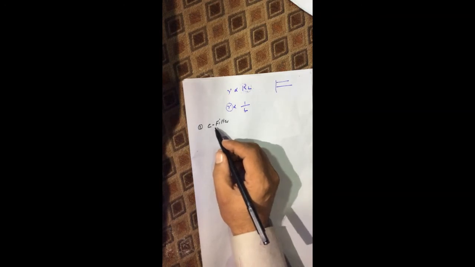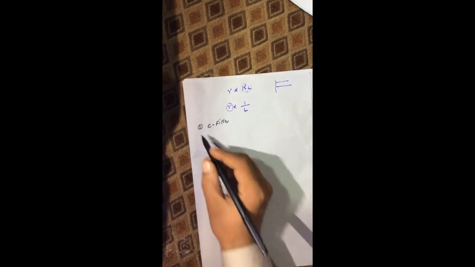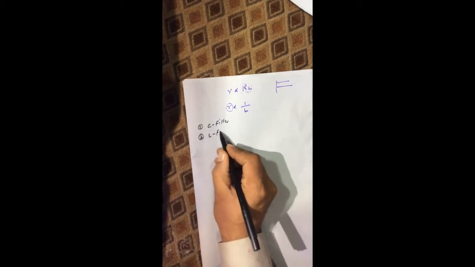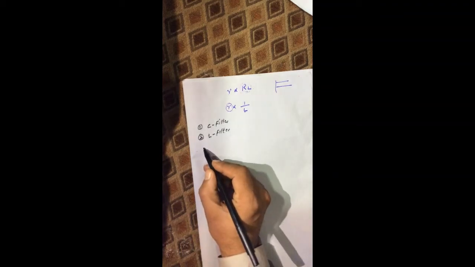We also call it the shunt filter. And the second one we discussed was the L filter, the inductor filter, which is also called the series inductor filter. Here we will discuss the drawback of these two filters.